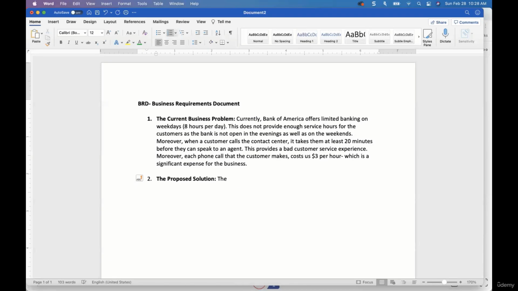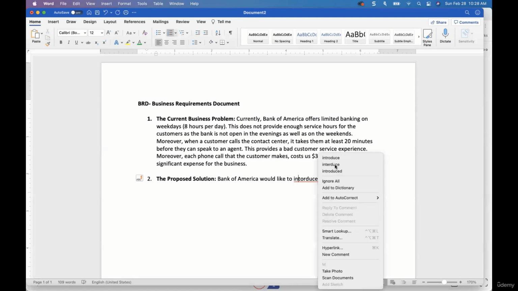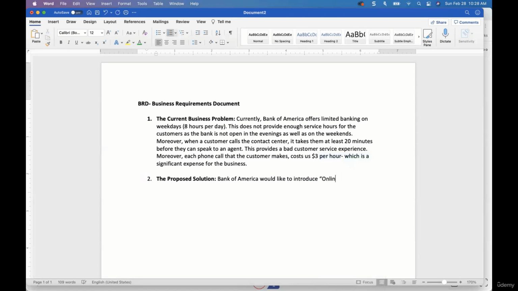The goal: Bank of America would like to introduce online banking capabilities so that the customer can log in to their account and manage their accounts 24/7.